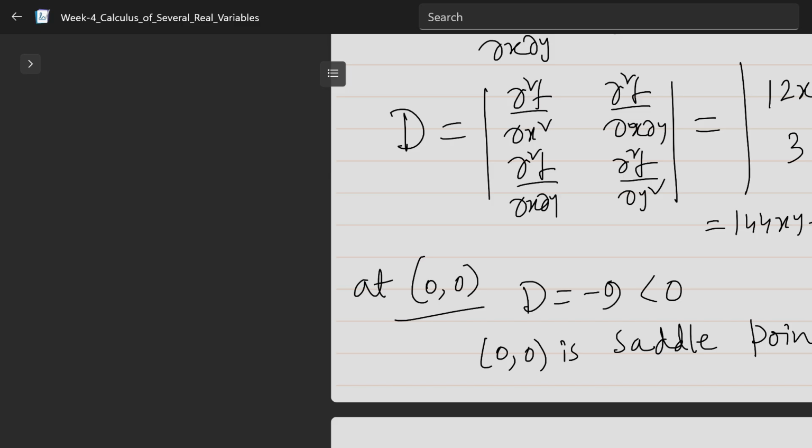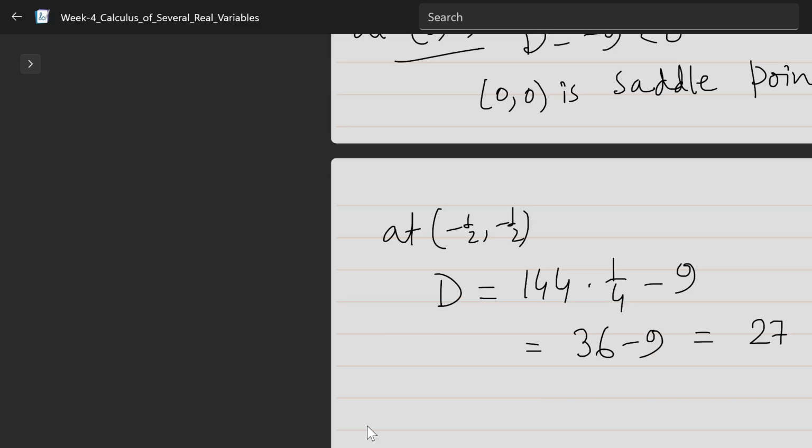That is positive. And your A, what is A? A is del 2 f del x2. I am writing A is this. Correct? Negative. So it has a local maximum.